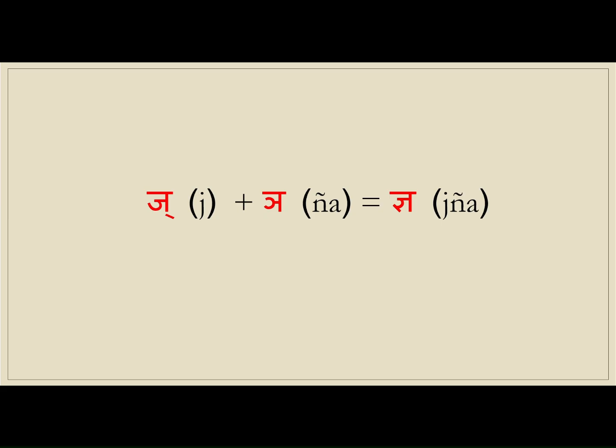The reason is that if you hear it properly, the ja is not supposed to be followed by any vowel, and in this case it is a schwa. So when we say jnya, the ja is being followed by an extremely minute schwa, which is not the way it is supposed to be.